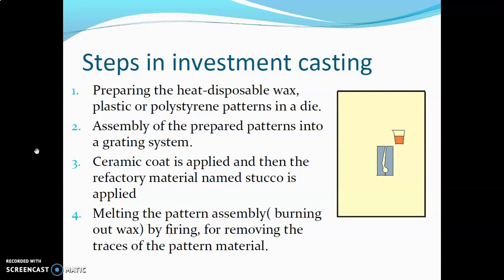In shell casting, as we have discussed, it is applicable for one product. We just prepare the outer layer of the pattern, then remove the pattern and fill it with molten metal, and you will get the final product. But in investment casting, we are using multiple products, or you can use the same mold for a number of times. Melting the pattern assembly, burning out the wax by firing for removing the traces of the pattern material.